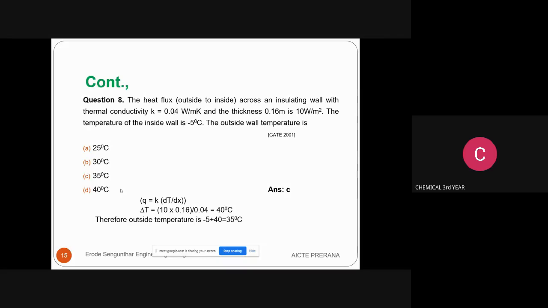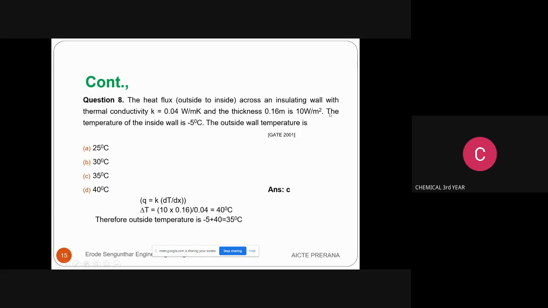So the thermal conductivity k is 0.04 watt per meter Kelvin, the thickness is 0.16 meter, and the heat flux value is given as 10 watt per meter squared.